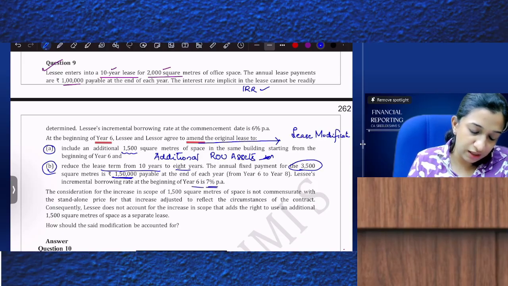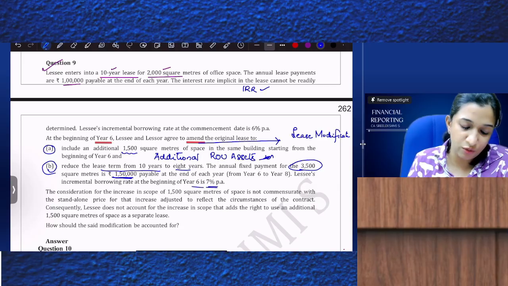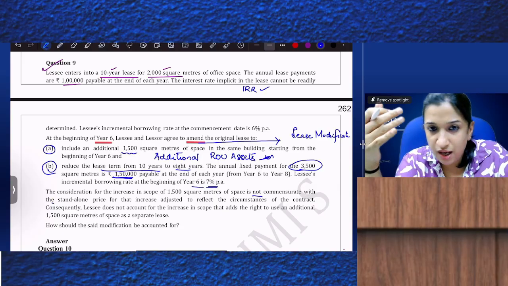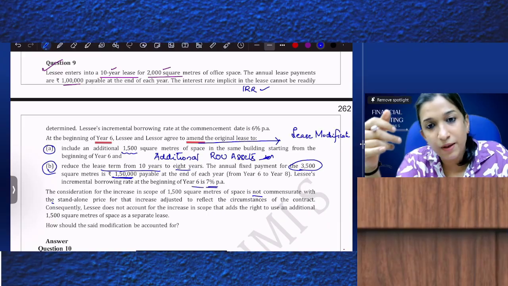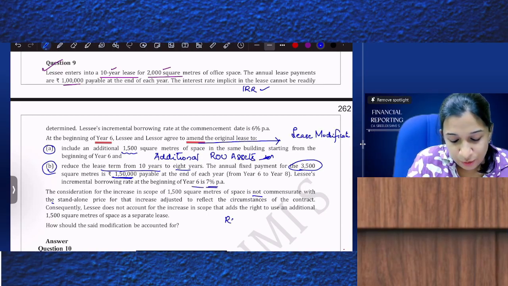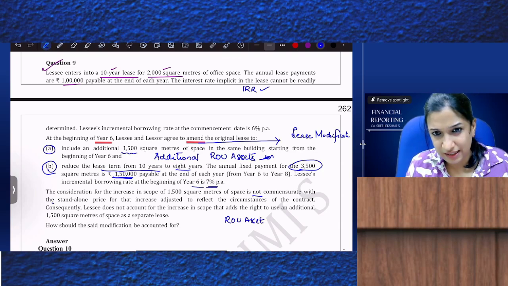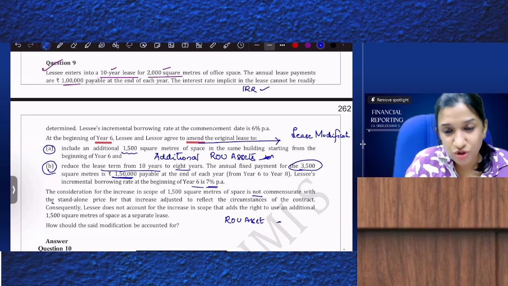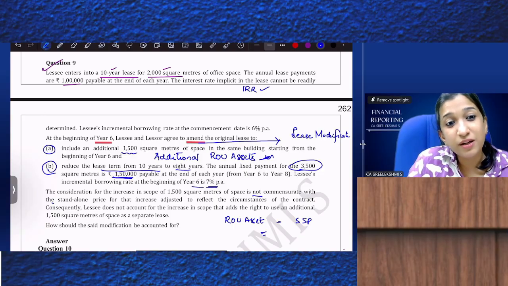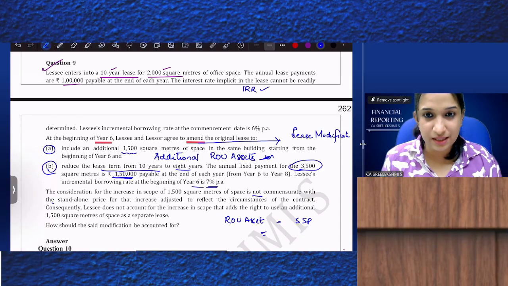Consideration for the increase in the scope of 1,500 square meters is not commensurate with the standalone price. What does that mean? Additional ROU assets are added, right? That does not commensurate with the SSP, which means it will not be treated as a new or separate lease.